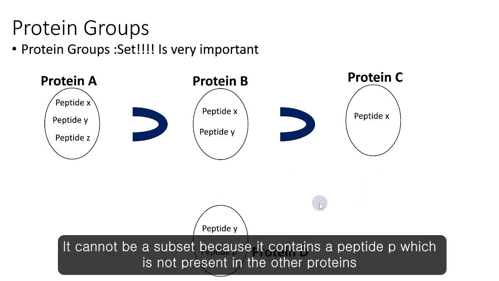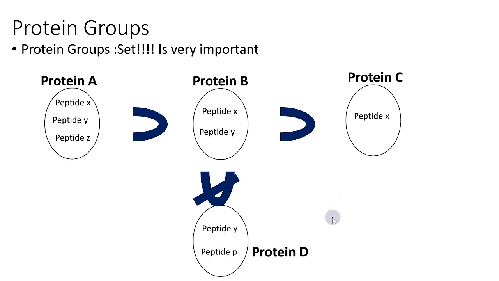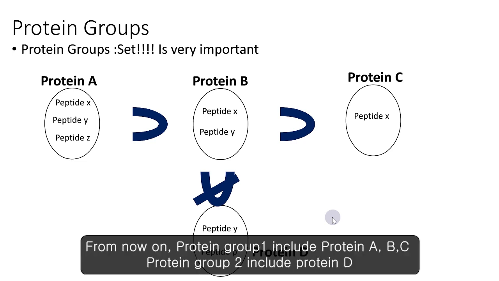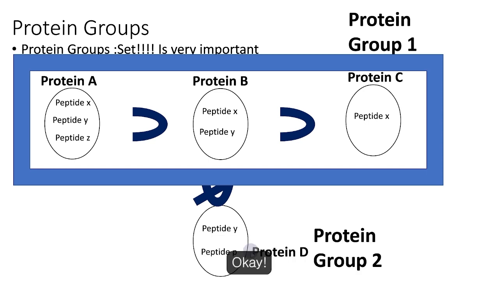No, it cannot be a subset because it contains a peptide P which is not present in the other proteins. So protein D doesn't belong to the above protein group. It's easy, right? From now on, protein group 1 includes protein A, protein B, protein C, and protein group 2 includes protein D. Okay.